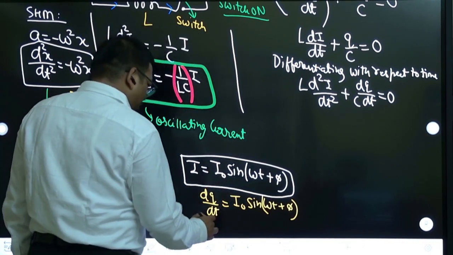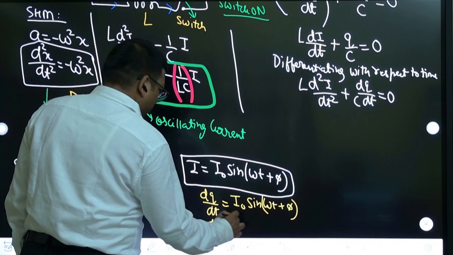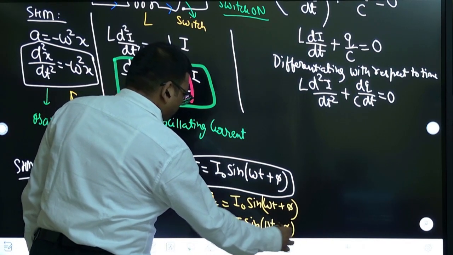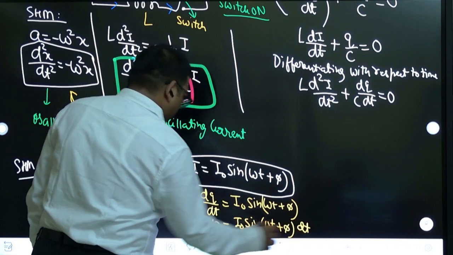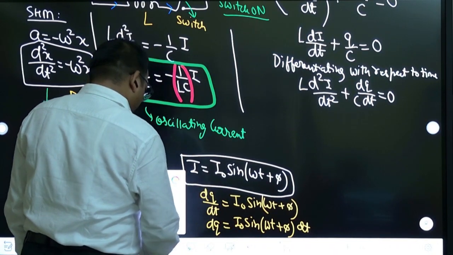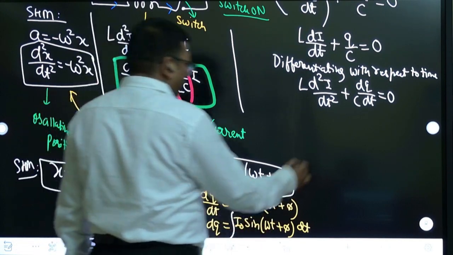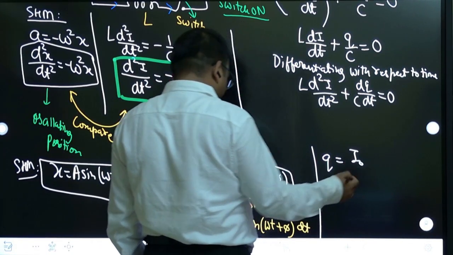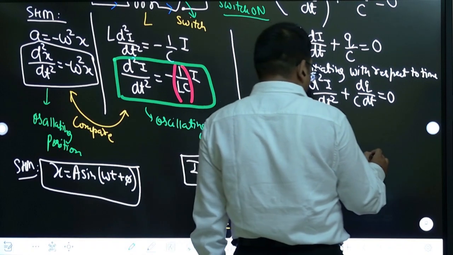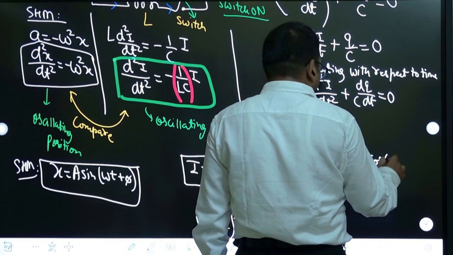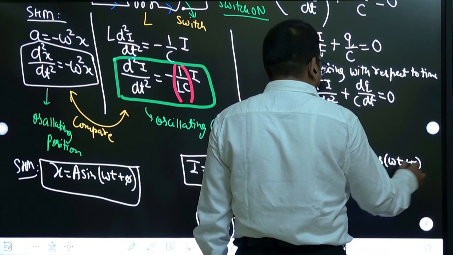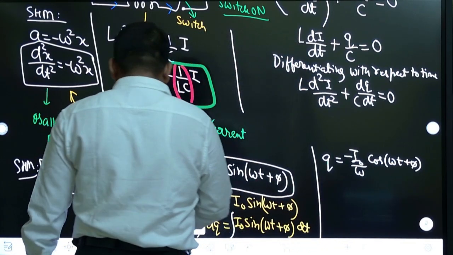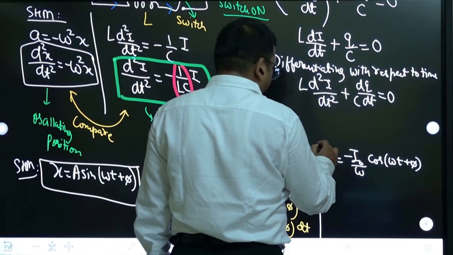If I integrate, dq is equal to I naught sine omega t plus phi into dt, and we perform integration on both sides. This becomes q, and I naught times the integral of sine, which gives minus cos omega t plus phi divided by omega. This is how charge is changing.